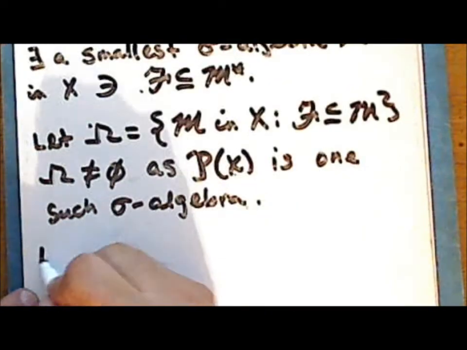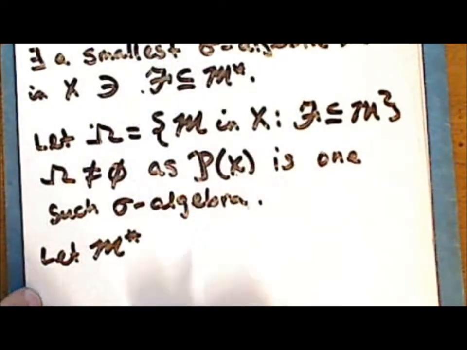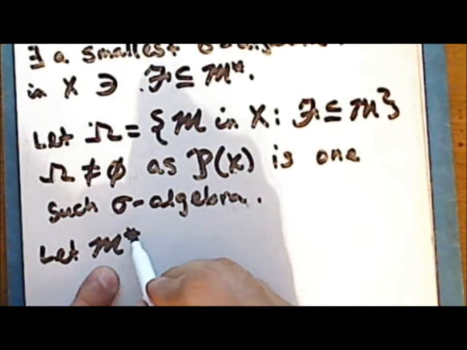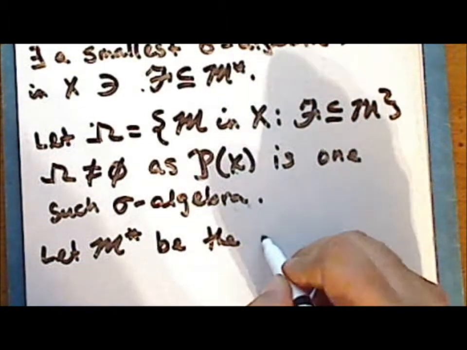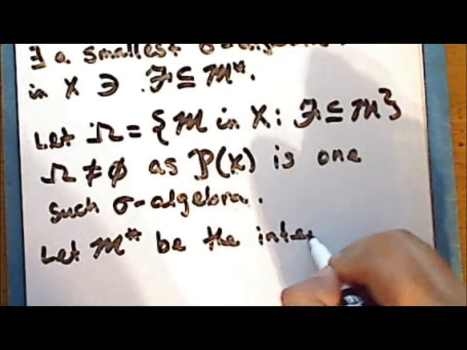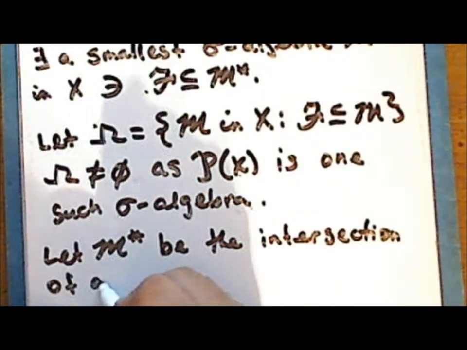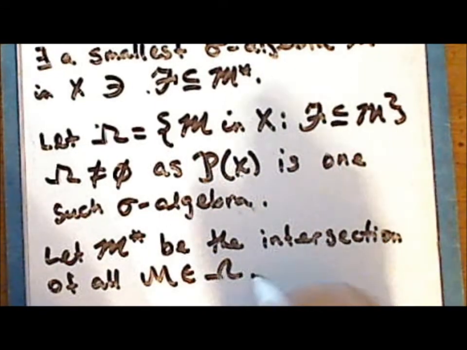So let this smallest sigma algebra, or what we shall prove is the smallest, the sigma algebra star, be the intersection of all sigma algebras in this set omega.